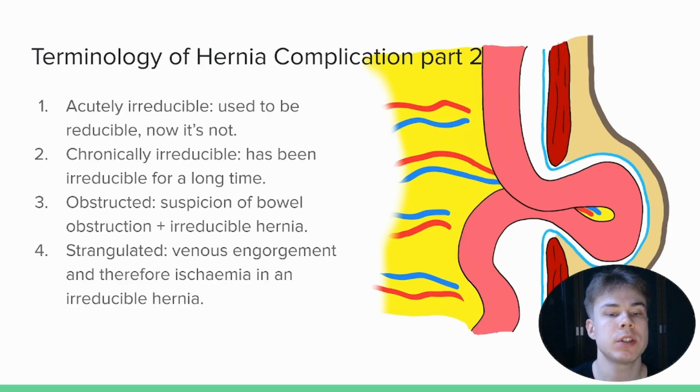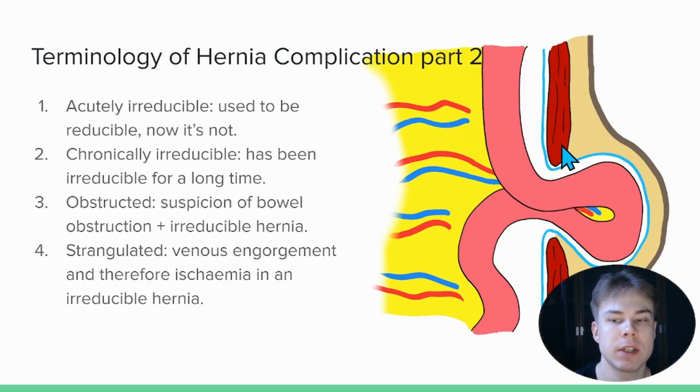Obstructed is a hernia where the defect is narrow enough that it is compressing the lumen of the bowel, causing bowel obstruction. It's usually small bowel obstruction, but it can be large bowel obstruction as well.